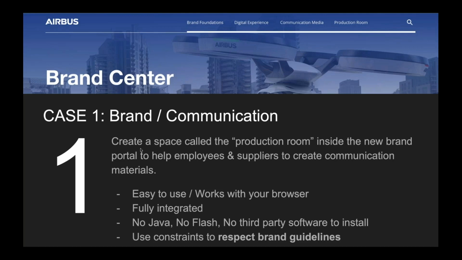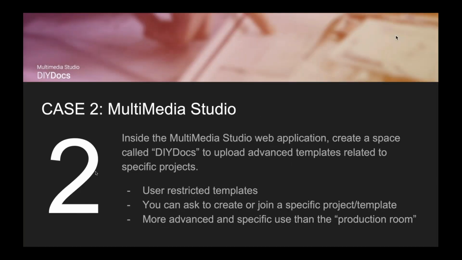So that's the first project, called the production room. And the second project was called by another service the Multimedia Studio. The Multimedia Studio wanted to create a smart template, but dedicated to specific projects. They manage a lot of digital and production projects over the year, and every year the same project is coming back, and they wanted to allow people to create their own content inside this template themselves, but with a small amount of people.